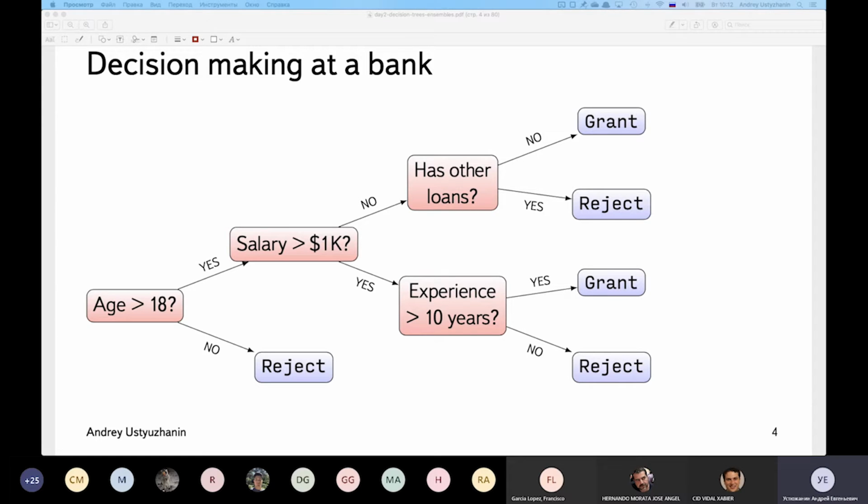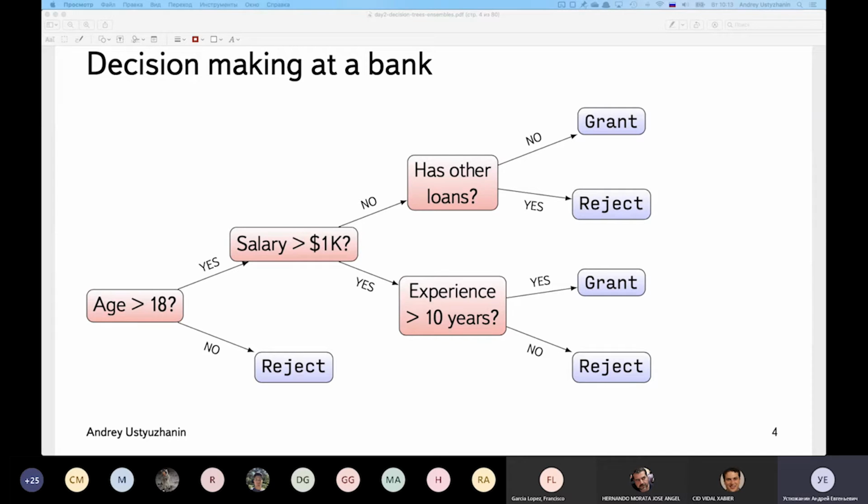So that's why those trees are called binary trees. They replicate a binary logic that is quite natural for making decisions by humans. Well, it is not the most natural, but it is quite easy to grasp.